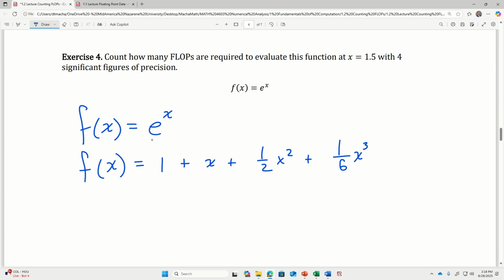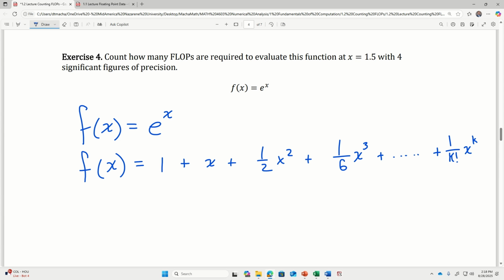I'm just kidding. I know it's been a while. You took Calculus 2 at one point and you knew this. But the deal with the e to the x function is it's 1 over n factorial. Or if you want to use k, it's 1 over k factorial times x to the k.